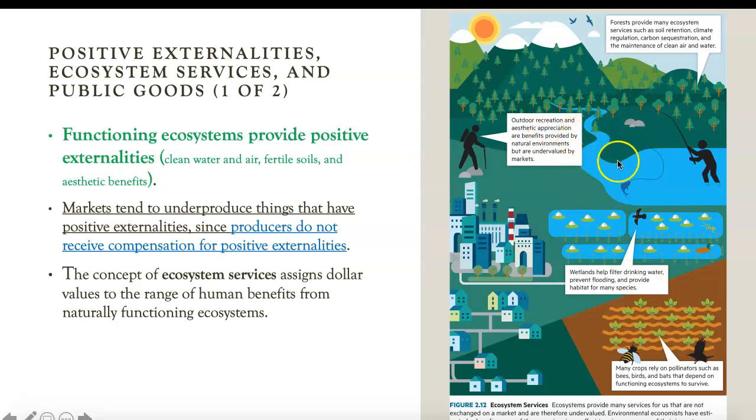Outdoor recreation, fishing, if the water is nice and there's a beautiful view, a lot of people go there fishing in the park, and you charge everybody $3 for entering the park. Not only the $3, it provides other values also. I'm not going to give a lengthy discussion because at the end of the semester, you will understand where the value comes from: the air, water, the trees, animals, even the non-living things around us.